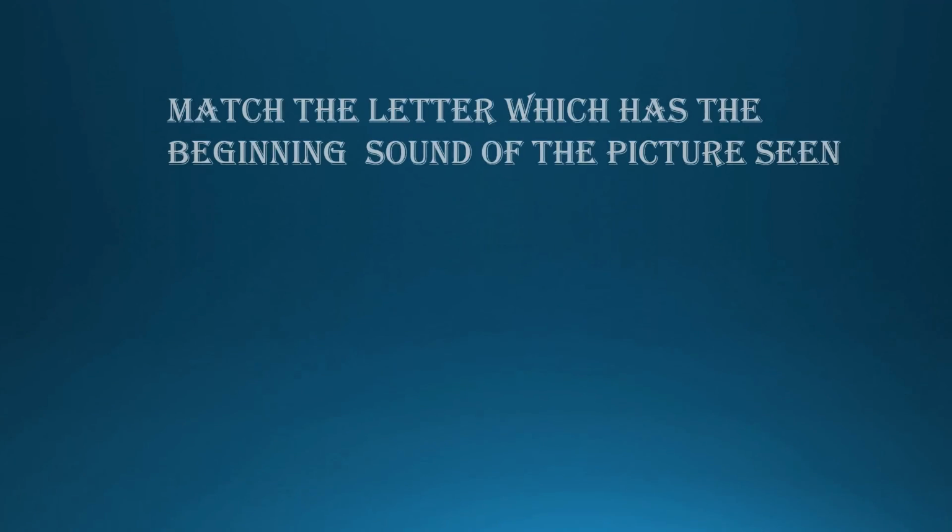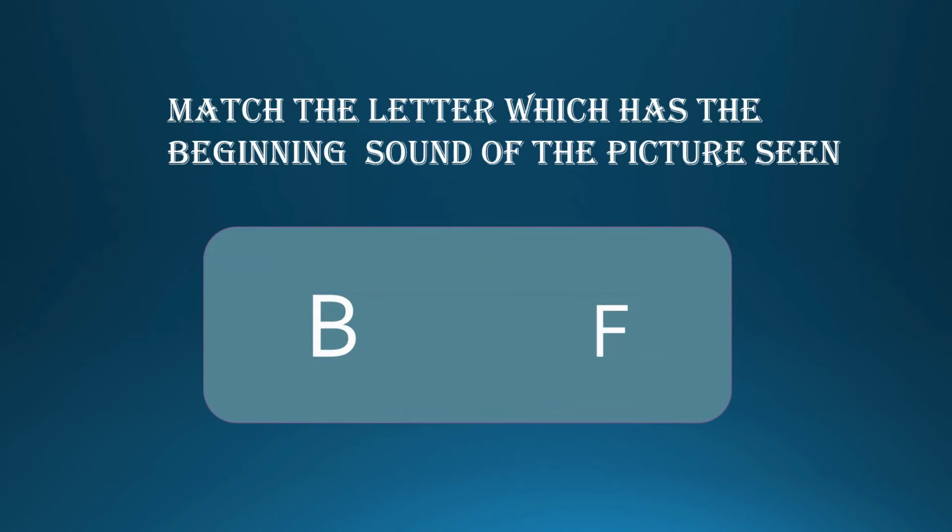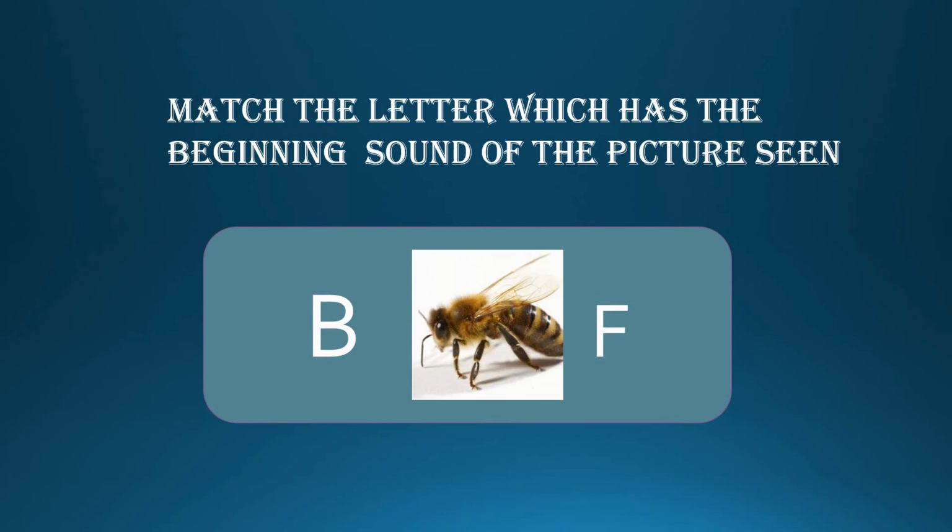Come on children, we will see what is the activity for you. Children, here is your activity. Circle the letter which has the beginning sound. So children, you are having a picture.